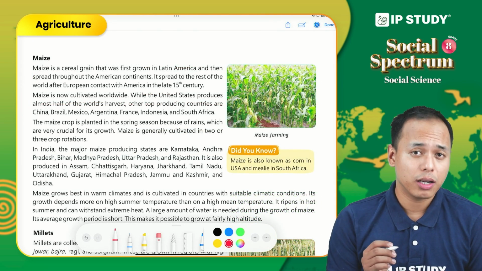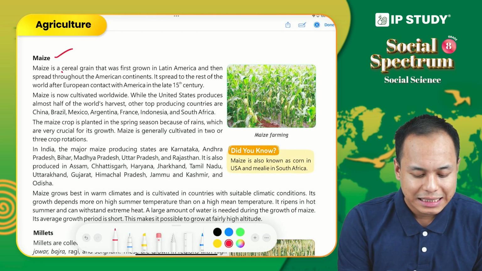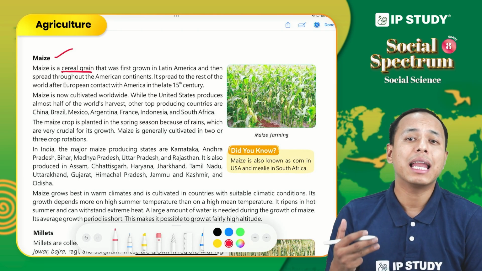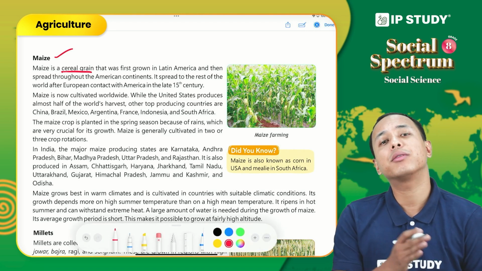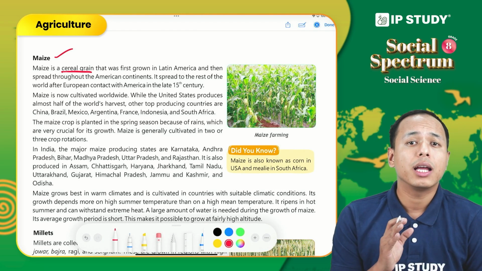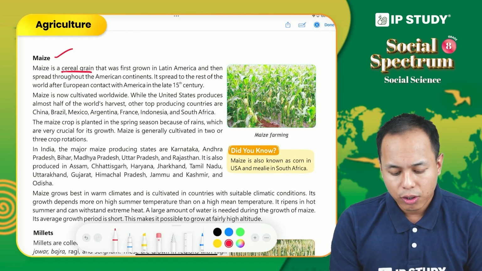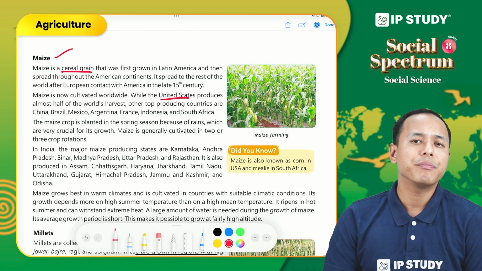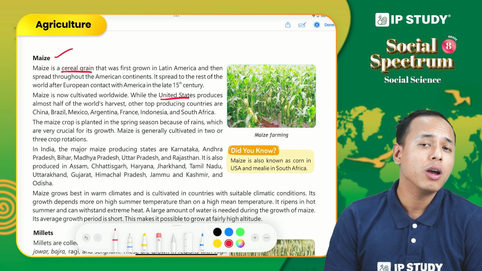So the third food crop is maize. Maize is a cereal grain that was first grown in Latin America and from there it spread to different parts of America, then to Europe, and today maize is cultivated in different parts of the world. When we talk about the highest producer, the United States produces almost more than half of the total world harvest.